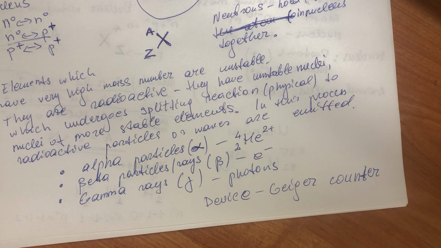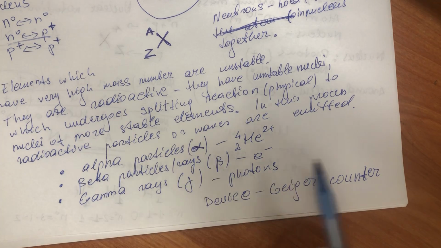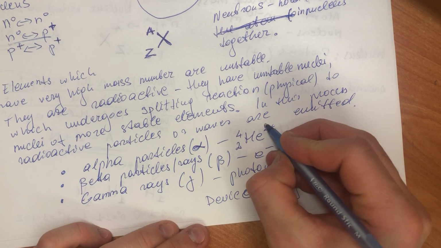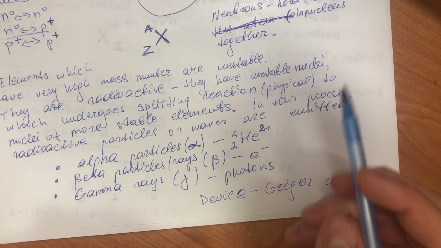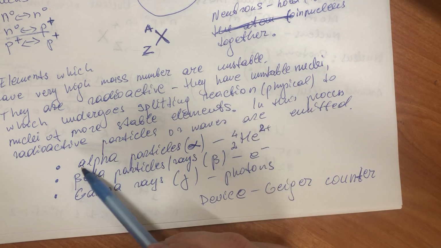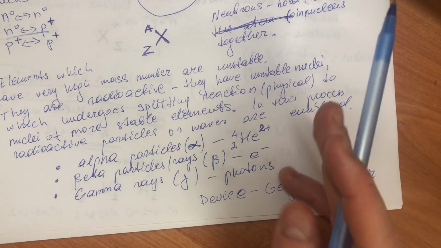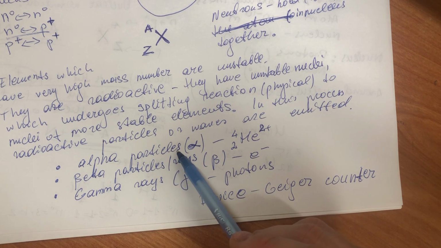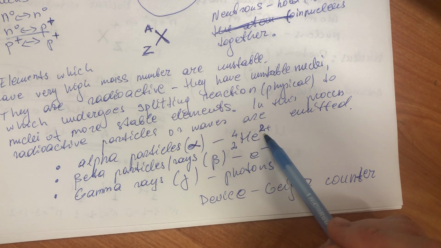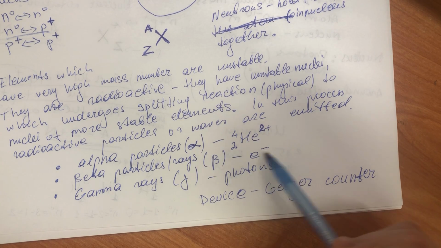According to the level of danger, all these are dangerous, and extreme caution has to be taken if you're working with them. Alpha particles are the least dangerous of all these.